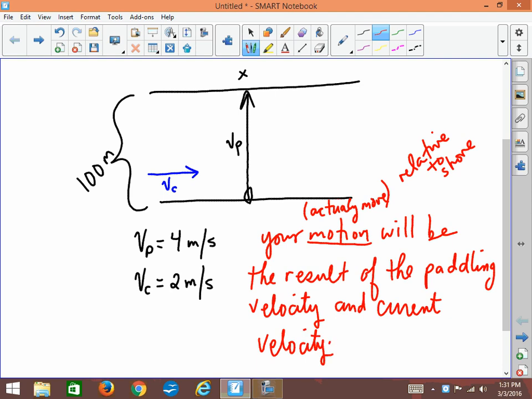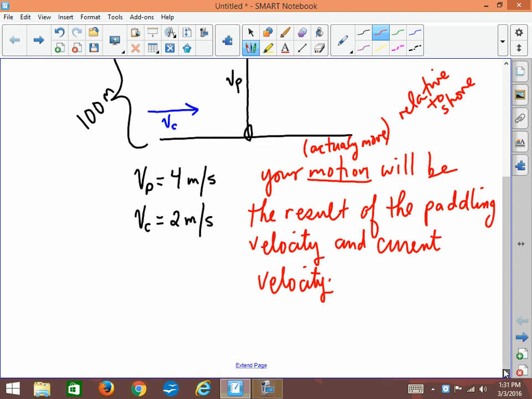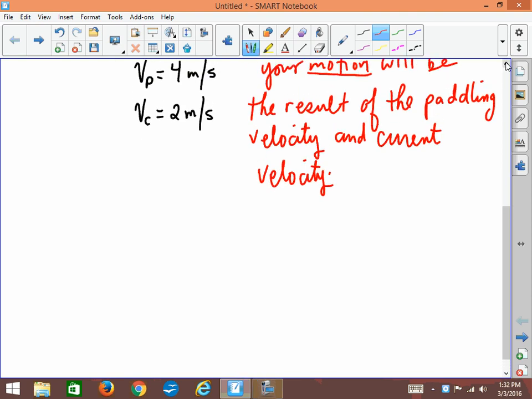Now we can say that in a mathematical way. What we can say is, instead of all those red words, we can say that the resultant velocity, the word resultant just means the result, will be equal to the velocity of your paddling plus the velocity of the current.